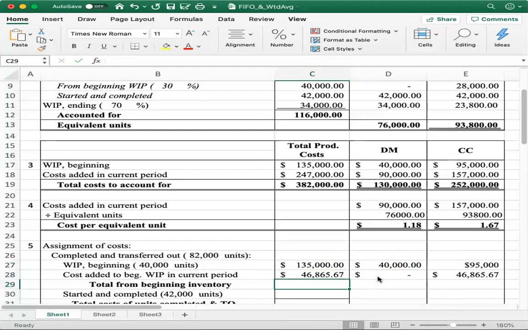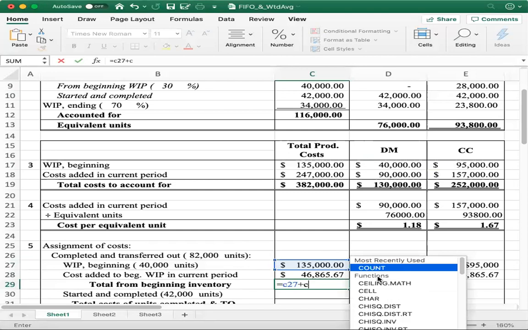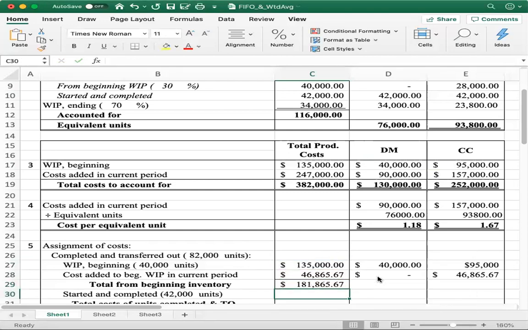You can also add horizontally if you want, or you can wait and you can add later on. So the total cost here for the beginning work in process inventory is your C27 plus C28. That's your total cost of beginning work in process inventory.